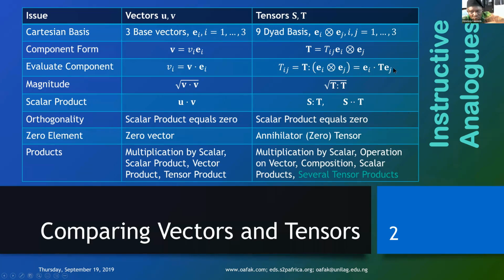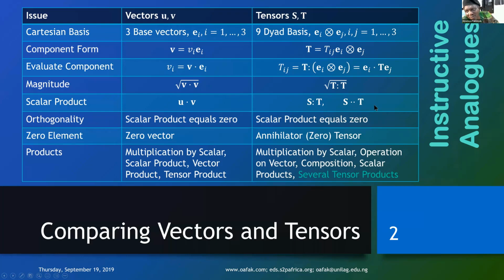So once you know a tensor, and you are given the basis, you can form the components in as easy a way as you are able to do it with vectors. So the way you can evaluate vector components is exactly the same way you can evaluate tensor components. What about magnitude? Want to get the magnitude of a vector, you take the square root of the dot product of V with itself.